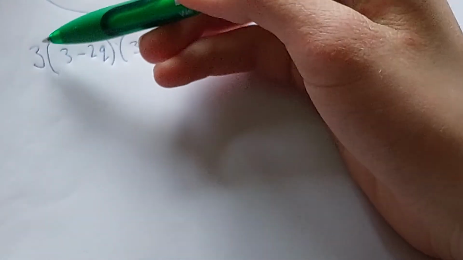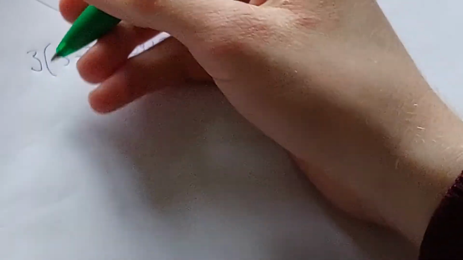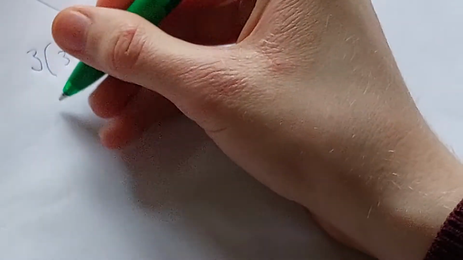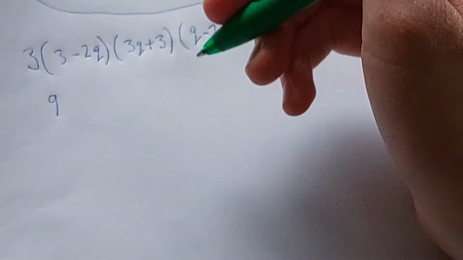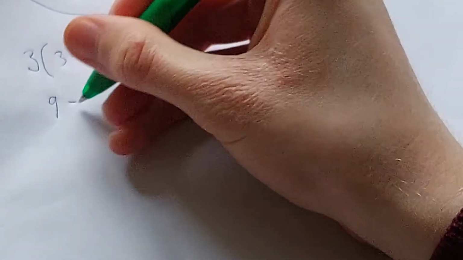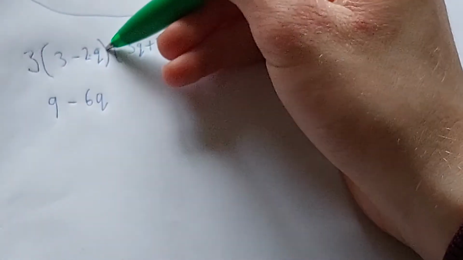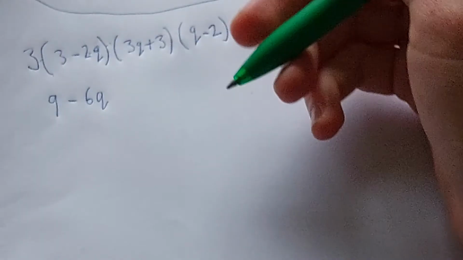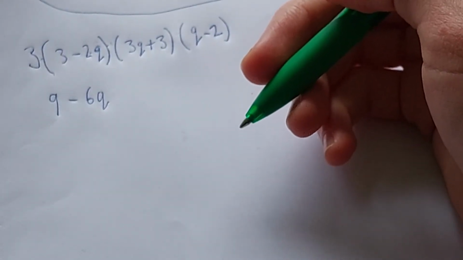So we just times this term by each term in the bracket. So 3 times 3 is just simply 9, and 3 times minus 2q is minus 6q. It wouldn't be plus, as you can see, because it's negative 2q, and then times by 3 would be minus 6q, as positive and negative make negative.